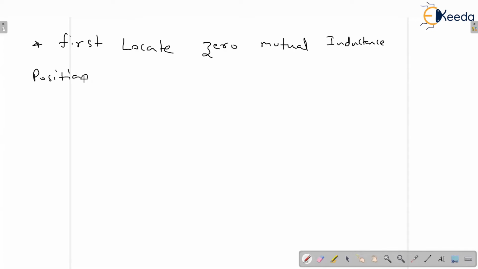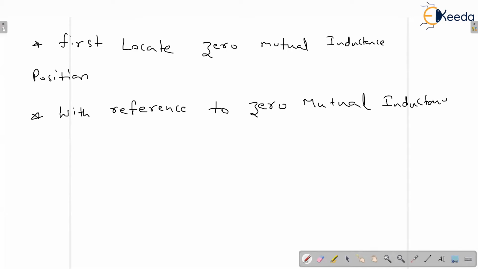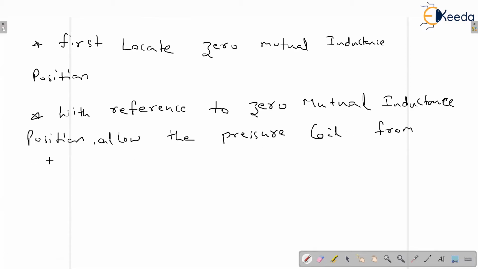With reference to the zero mutual inductance position, allow the pressure coil to move from minus 45 to plus 45 degrees.